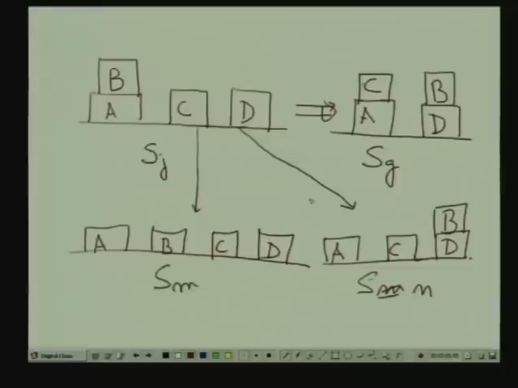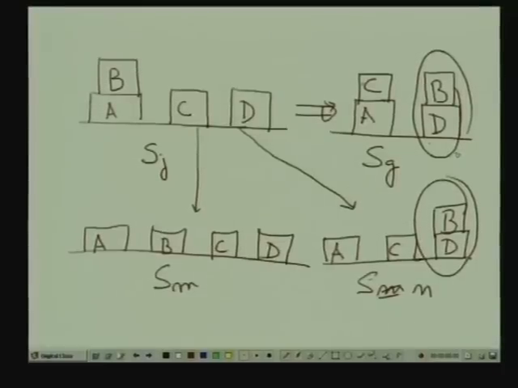One thing I can always see is that if I have a distance function, then this S n is closer to the goal, because this part of the problem is already solved in one move, and the other will require more moves.